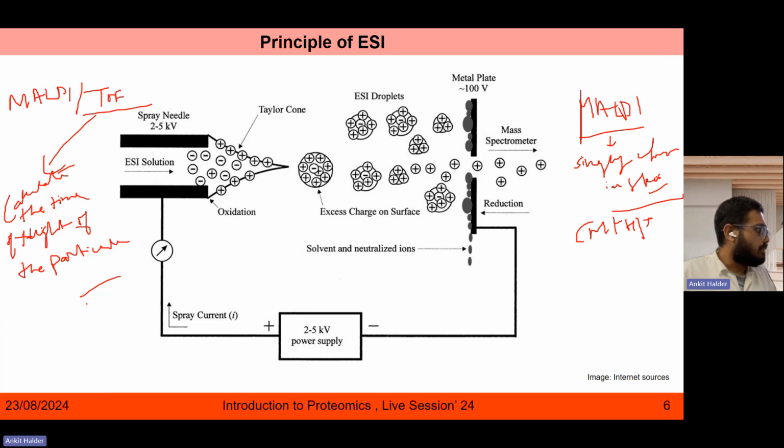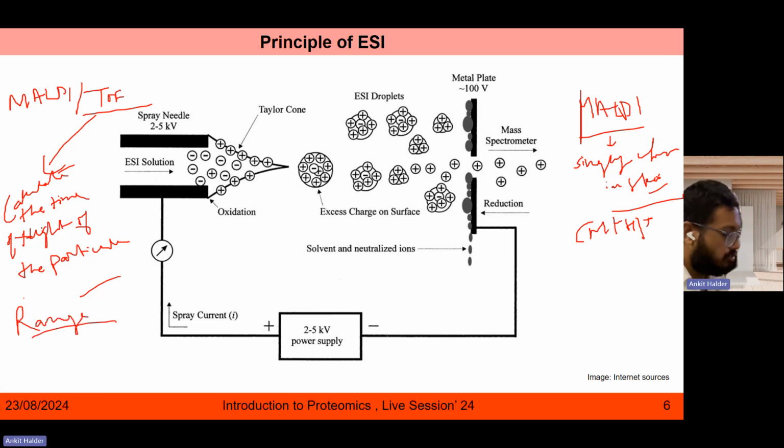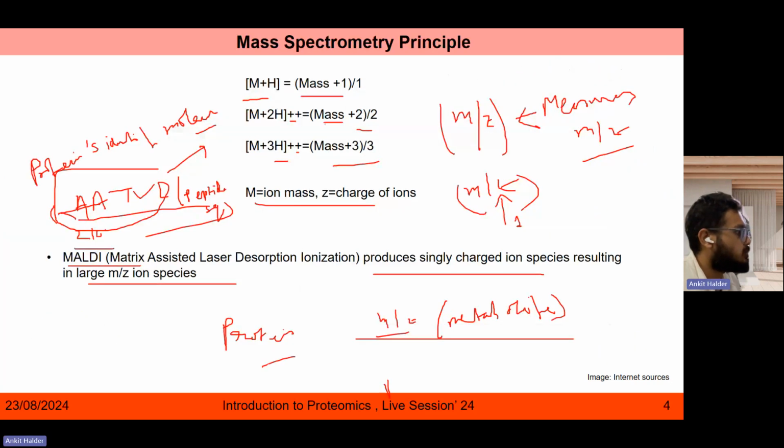So now what is happening is that if you have singly charged ion species, the range will be pretty high. How can you understand this, right? So for instance, the mass is 80. 80 plus 1 by 1 equals 81. But if you do 80 plus 2 by 2, that equals 41.